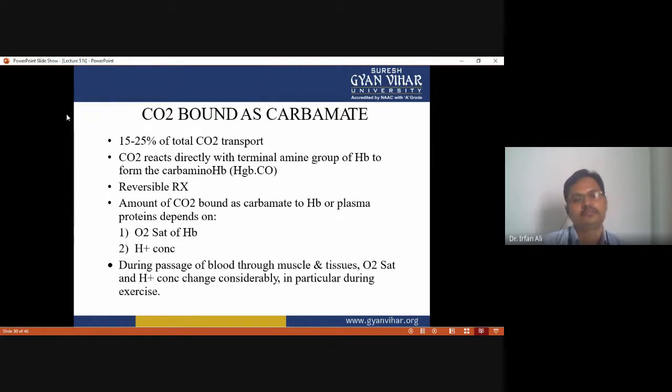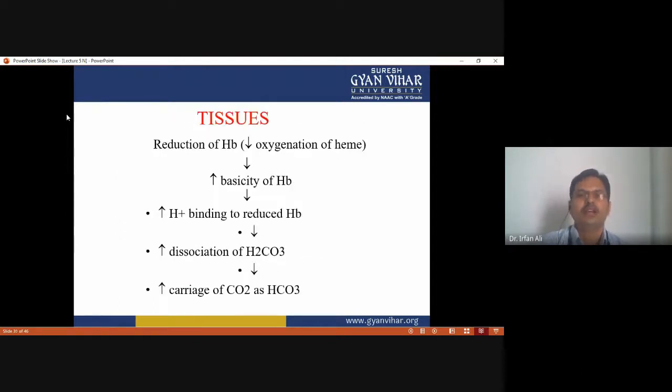Okay, so during passage of blood through muscles and tissue, the oxygen saturation and hydrogen ion concentration change considerably during exercise, and into the tissue where reduction of hemoglobin takes place.